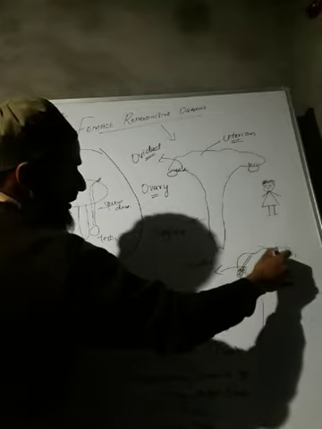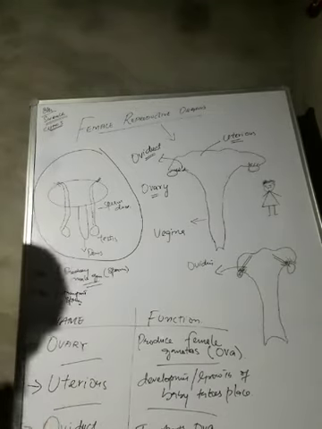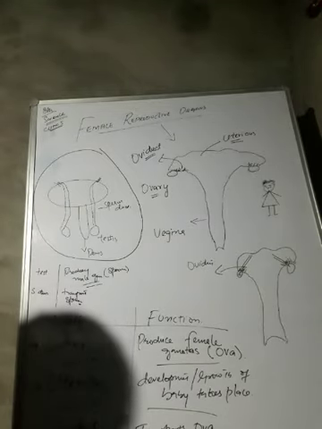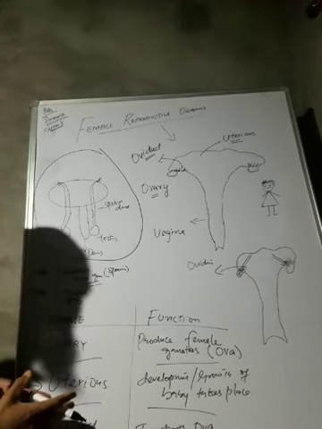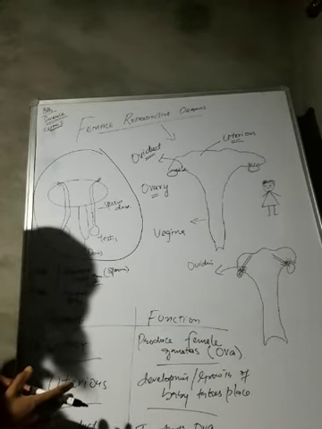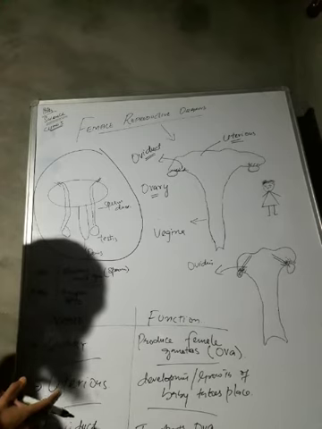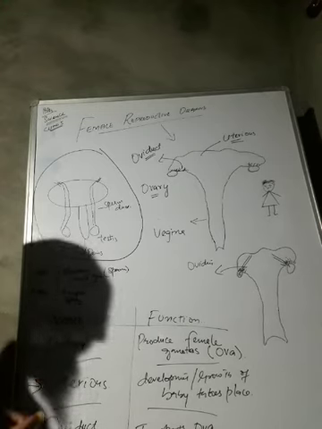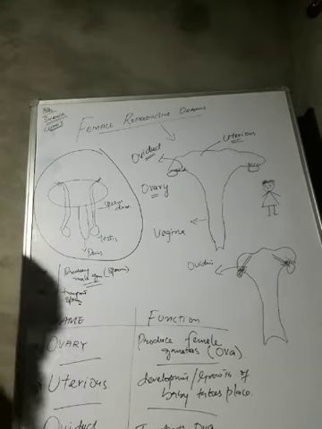So this transportation of ova from ovary to uterus is done by the oviduct or fallopian tubes.